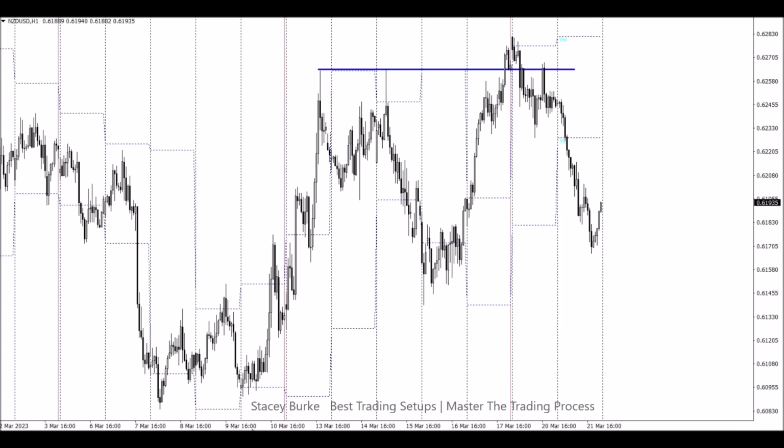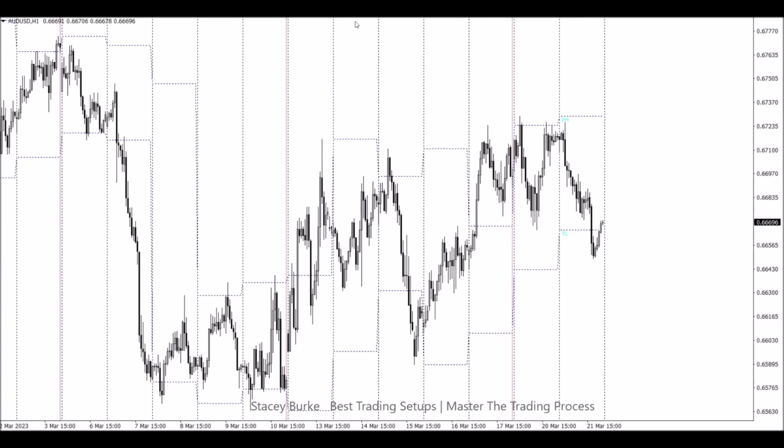So we have a market that, if we compare to the Aussie dollar, New Zealand, Aussie dollar, similar, as we'll talk about the Swiss and the euro in a moment. The Aussie dollar and New Zealand tend to move in some degree in synergy or in very similar price behaviors. They're commodity-driven currencies, but they tend to sort of reflect each other's movement to some degree.